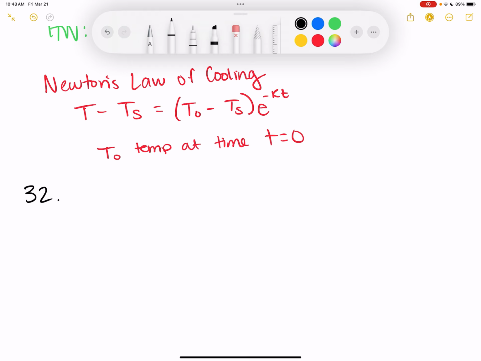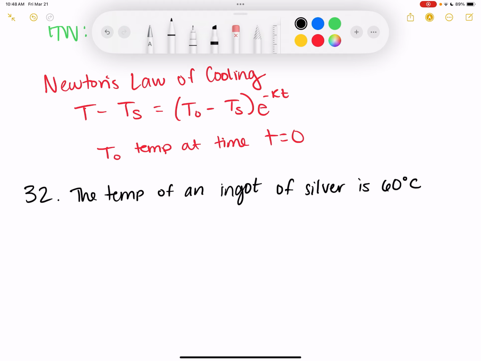All right, 32. Cooling silver. The temperature of an ingot, I don't even know if that's how you say that word, but I would call it ingot, of silver is 60 degrees Celsius above room temperature right now.